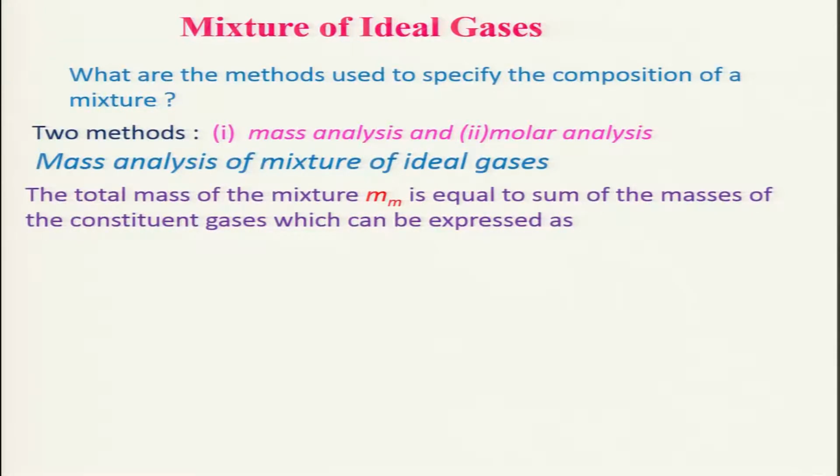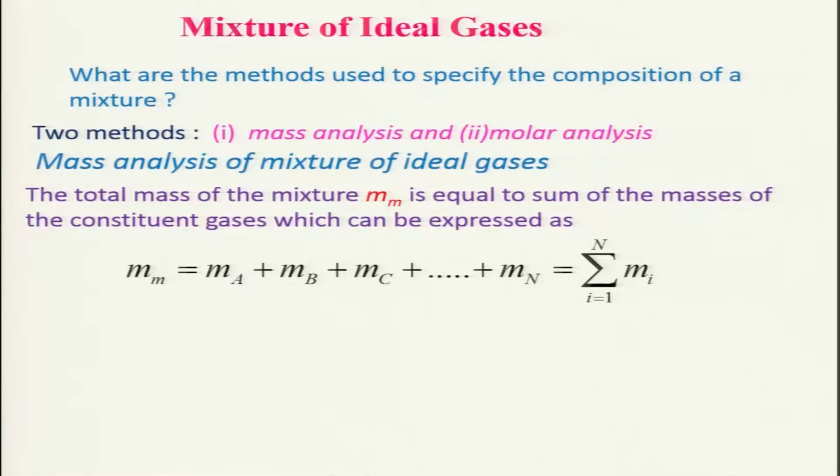In general, mm is equal to Ma plus Mb plus Mc up to the nth species of the mixture, and this can be written as the summation of mi, with i equal to 1 to n. It may be 10, it may be 5, it may be any number.